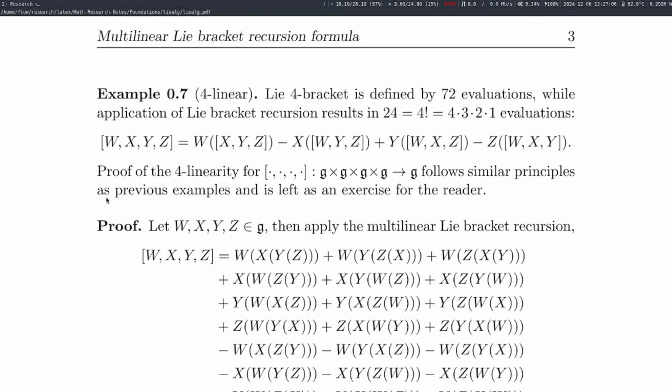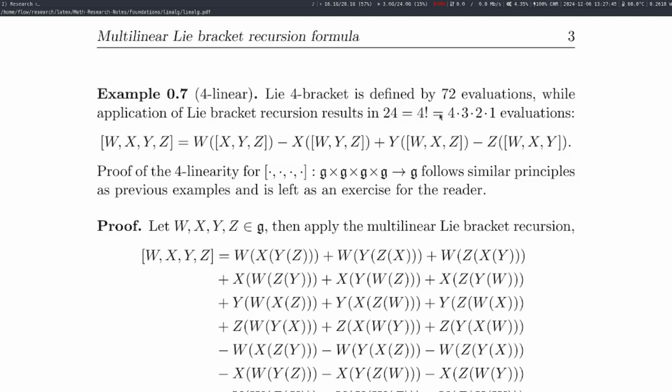And now we can extend to the four linear case. So the Lie 4 bracket is defined by 72 evaluations, while the application of the Lie bracket recursion results in 24 evaluations, which is 4 factorial. So we notice that each time we increase the order of the Lie bracket to another higher order linearity, we just multiply by the number that it now is.